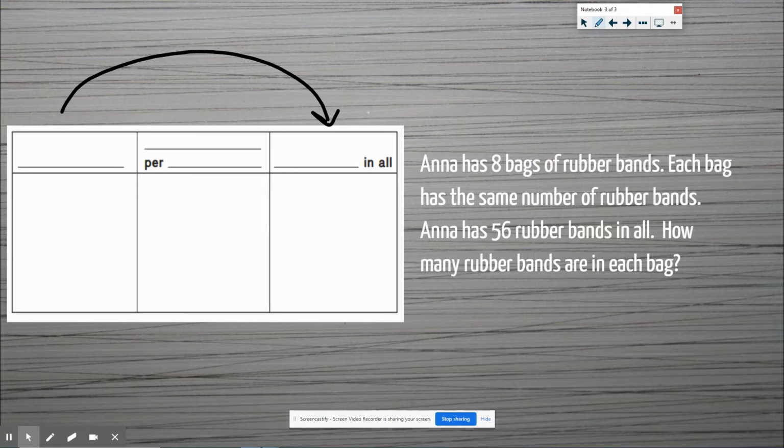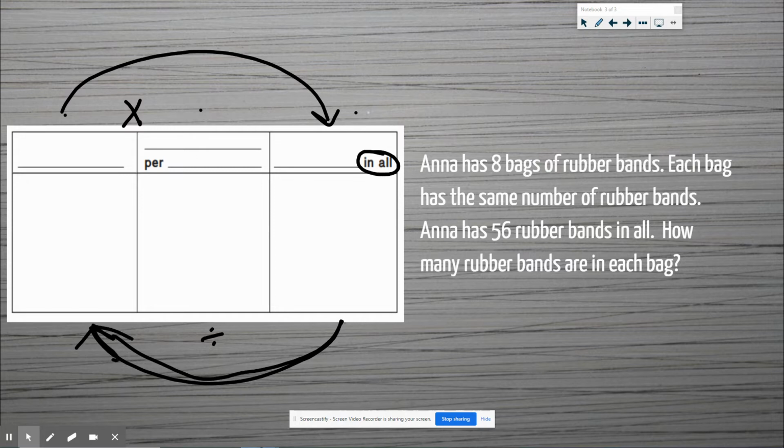So if I know this number times this number, this will be my product. However, sometimes I'm going to know my total in all, which is right here, and I would have to take this total divided by either the number in each something or the number.